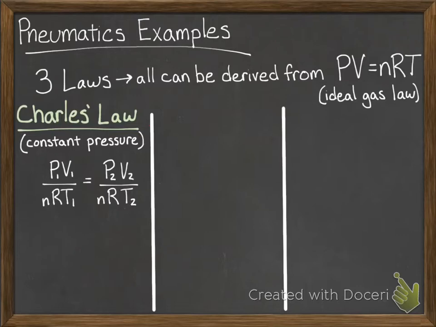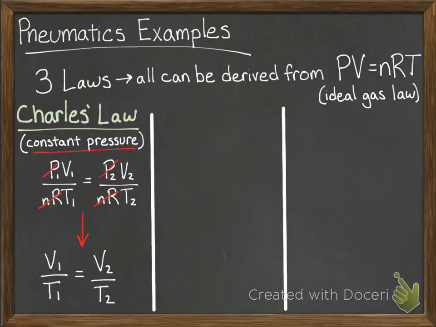R is a constant, so it's not going to change. That means we can cancel those out on both sides. And we know it's a constant pressure, so we can cancel those out on both sides. The pressure is going to be the same at any point. That leaves us with V1 over T1 equals V2 over T2. That is Charles' law. Simple as that.